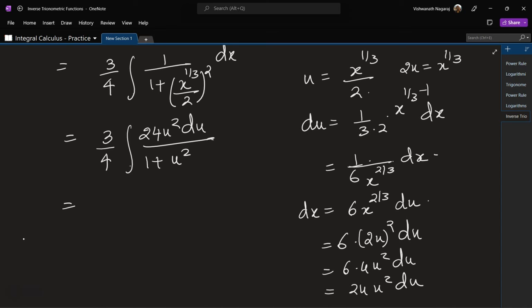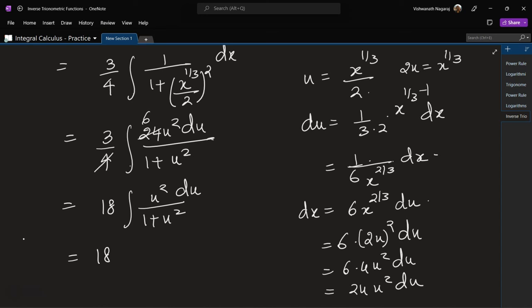Okay. So now we can take this 24 out. 4 6 24. So 18 comes out. We have u square du by 1 plus u square. Now if we actually divide it, u square by 1 plus u square, what do we get?